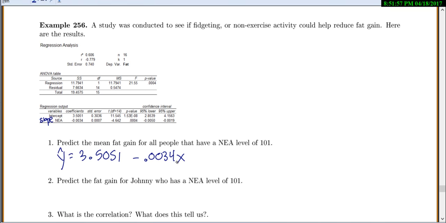Now notice this isn't different than what we've been doing. It's just on here for more practice. So x equals 101. So this is going to be 3.5051 minus 0.0034 times 101, which gives me 3.1617.